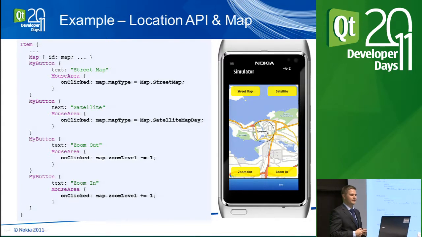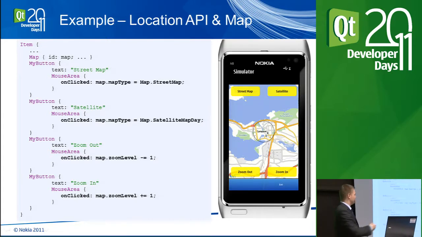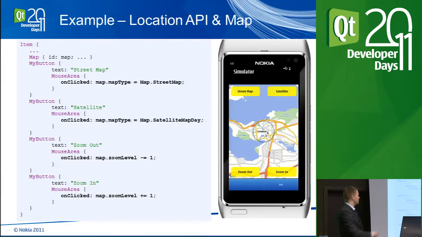That's basically a custom component. It would be better to just leave the button out and use Qt Quick components, but in this case, that was not used. So we'll just add a number of buttons for switching to different kinds of map modes and zooming in and out of the map.